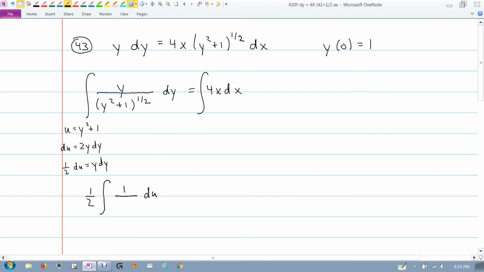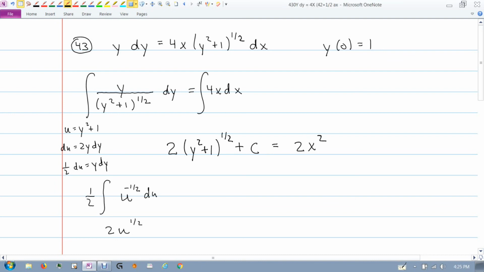Then we have 1 over u to the 1/2, which is the same as u to the negative 1/2. And so the antiderivative of that is 2u to the positive 1/2. So the left side becomes 2 times (y squared plus 1) to the 1/2, plus some constant, and then equals the antiderivative of the right side, which is 2x squared.